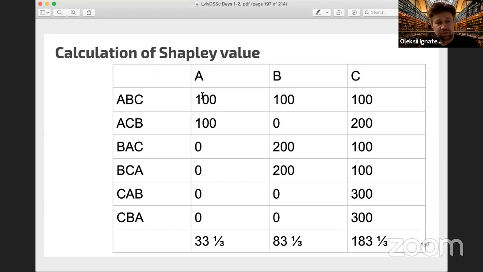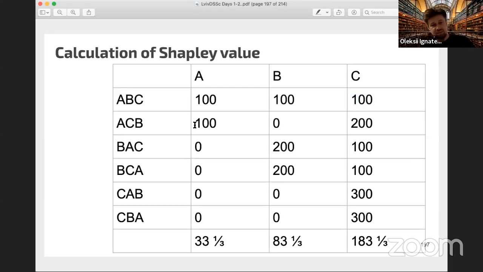So, for example, here we have the A, B, C ordering. A comes, builds the rod that he needs and pays 100. Then comes B, he pays for the part of the rod that he needs, 100. Then C comes and pays for the part of the rod that he needs, another 100.